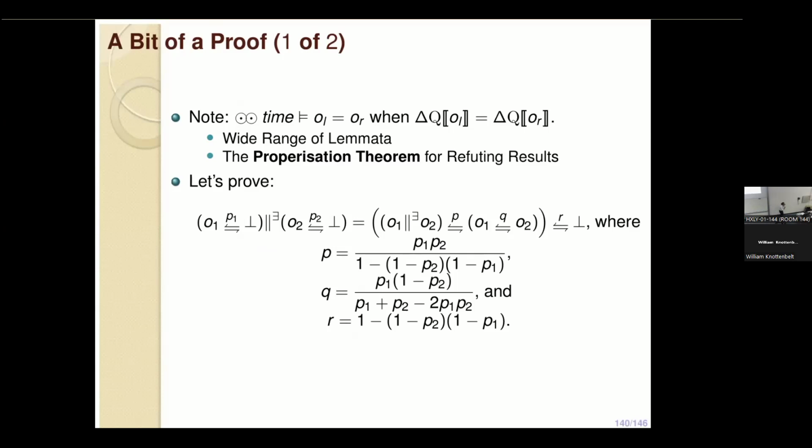However, this being an algebraic development, we have worked out a range of lemmata, and there is a proof technique that I personally am particularly fond of, which is the properization theorem. I'm not going to show that, but I'm advertising it here, which we use for refuting results. But let's get to proving the one at the bottom.